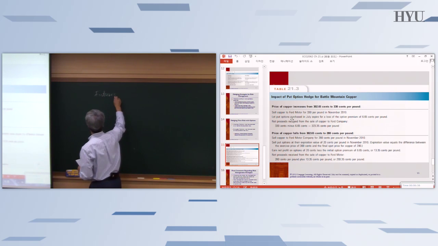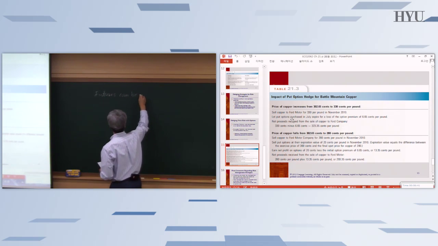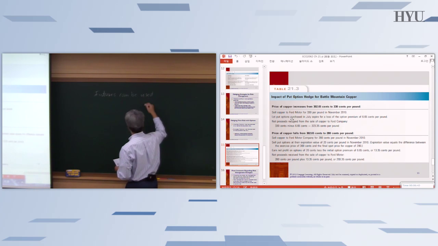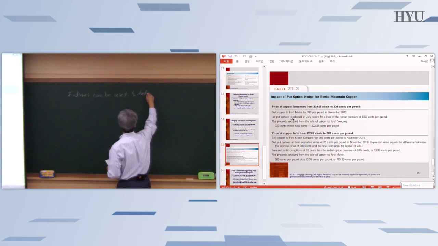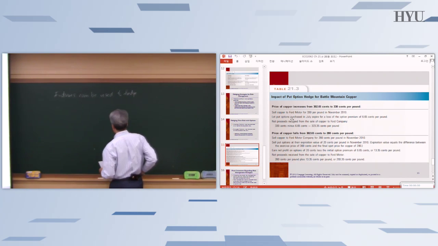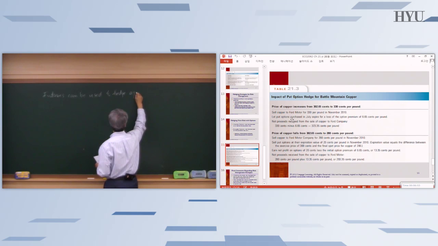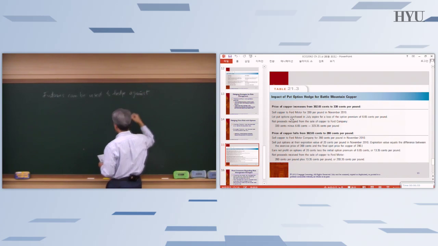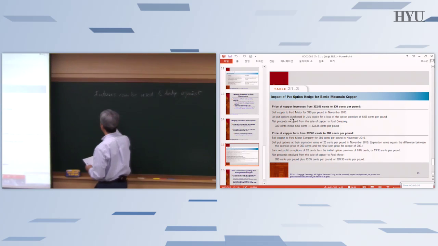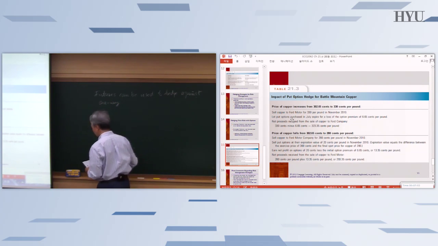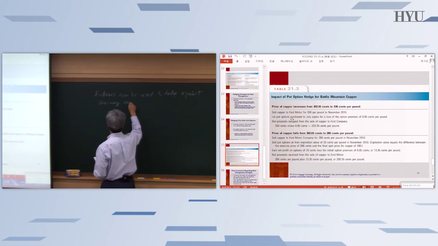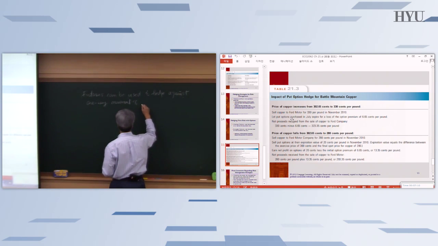Futures can be used to hedge against one-way movement of price, like decline or increase, okay? One-way movement of the price.